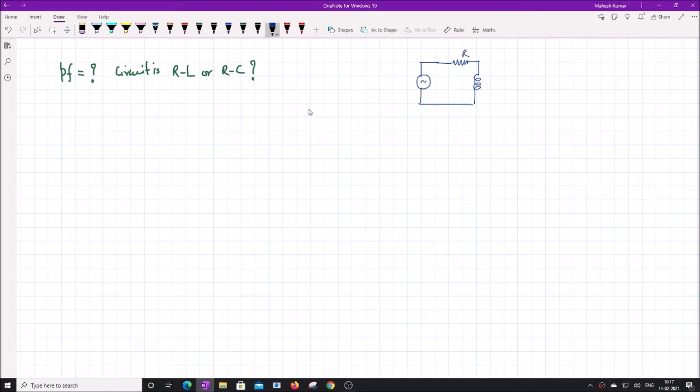This is R and this is L. The current flowing through is i. This is the voltage which has all the harmonics.